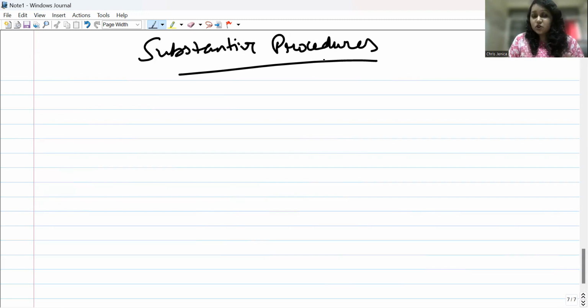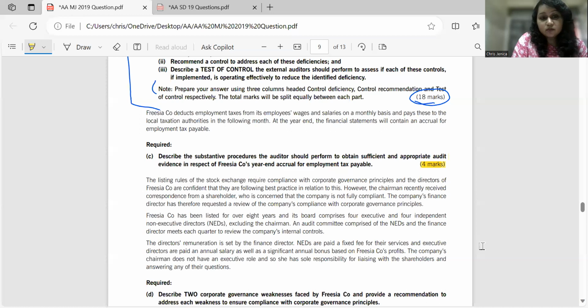Substantive procedures are going to detect material misstatements, right? So you're going to obtain evidence for it. So you have to think of the assertions first of all. This question is asking you for substantive procedures in respect of Frisia company's year-end accrual for employment tax payable.